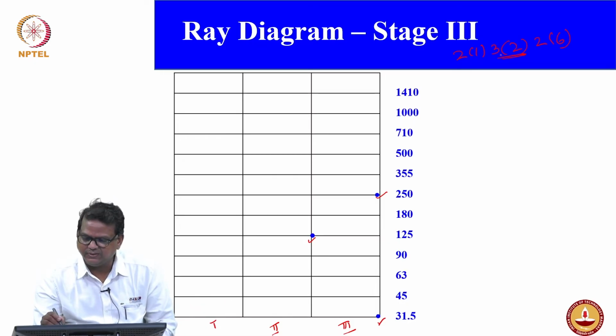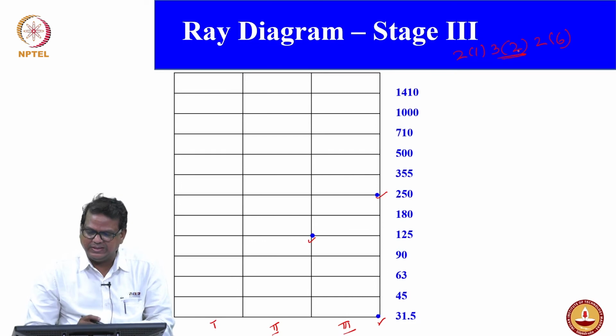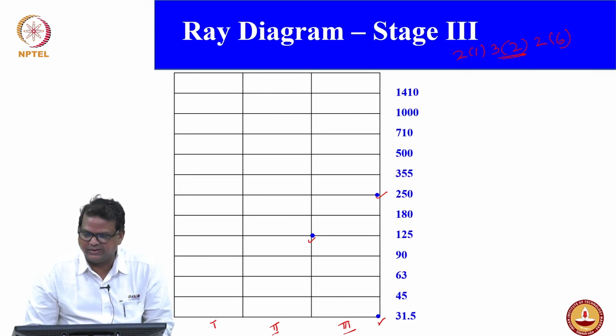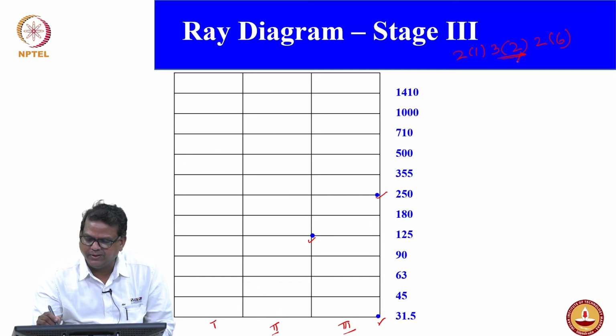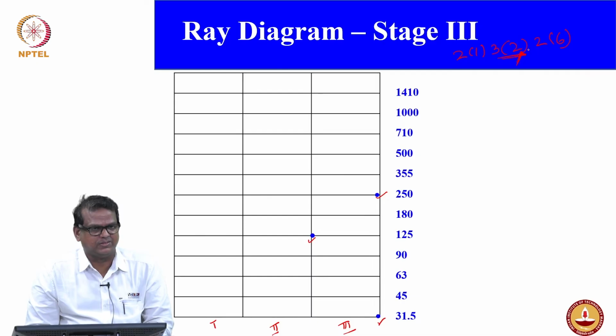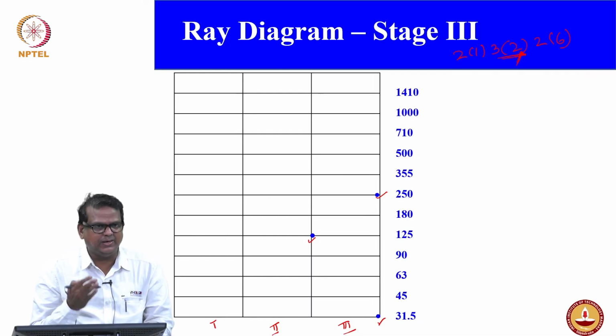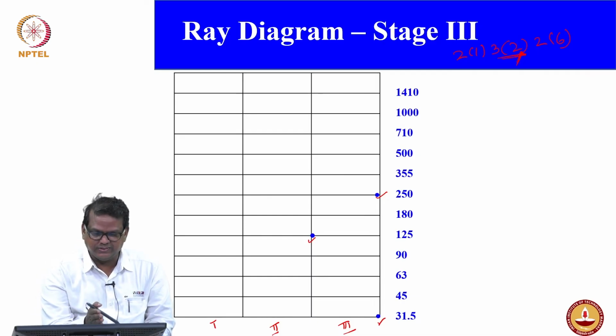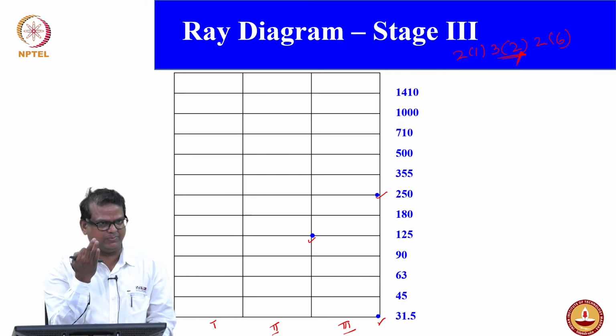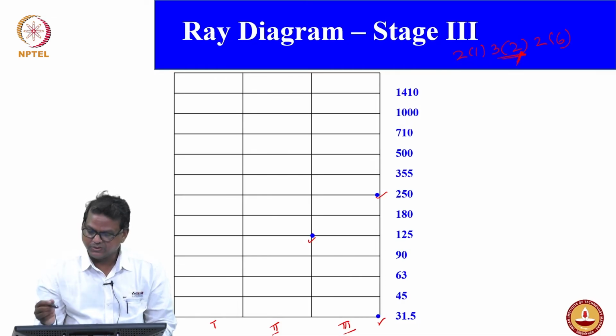So if you look at 3 of 2, what does it indicate? You have 2 input speeds and 3 output speeds. That means by the end of the second stage, I need to have 3 output speeds.